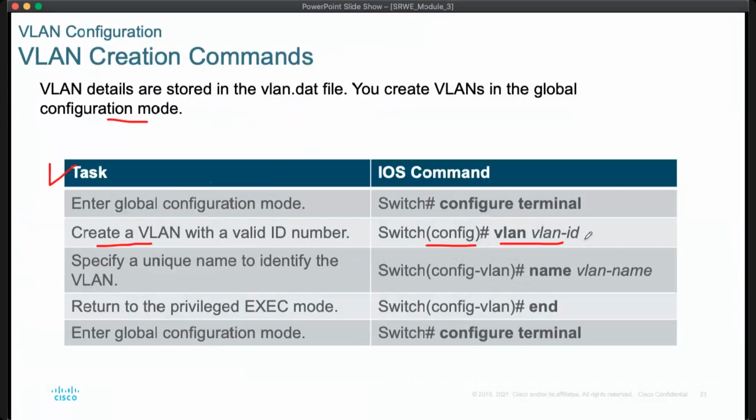Normally we start with 2, 3, and so on, since 1 is reserved. Then the name of the VLAN. After that, return to privileged exec mode by typing end and enter.